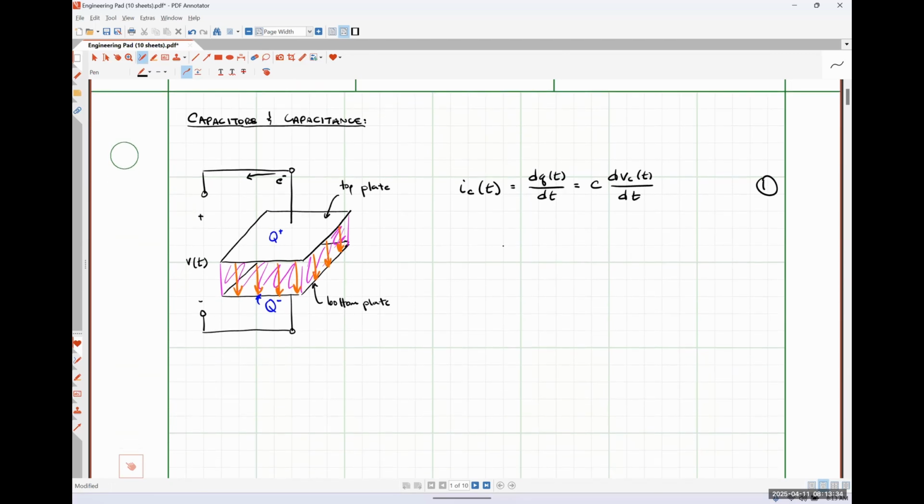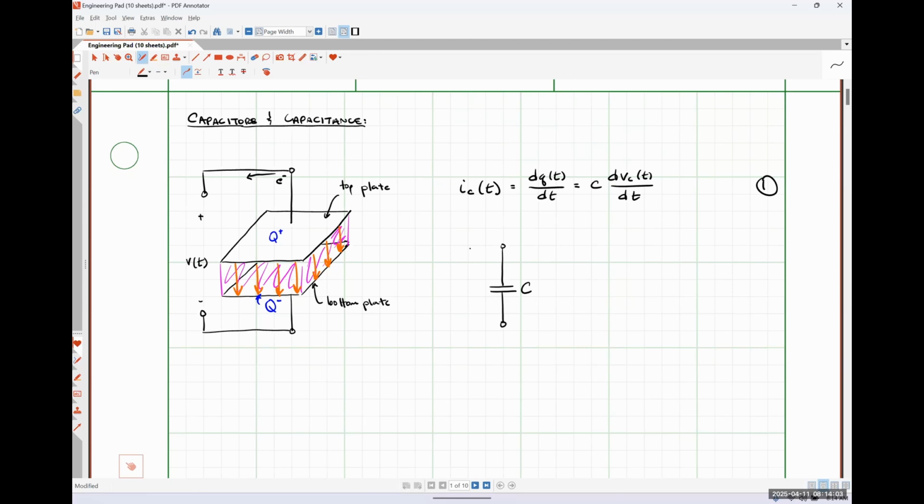So the first schematic symbol that we might see is something like this. It's literally just representing two parallel plates because, as I mentioned earlier, the overwhelming majority of capacitors are indeed some form of a parallel plate capacitor, okay? So we would indicate the size of the capacitor by its capacitance C, okay?